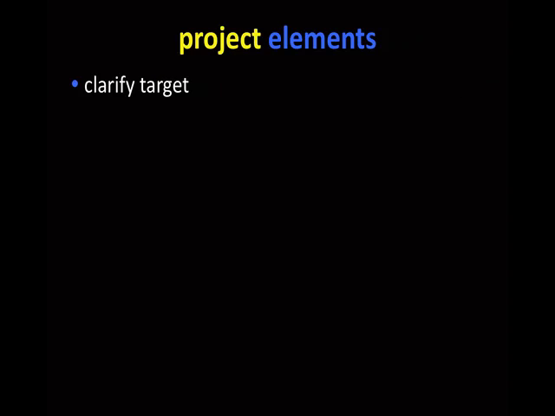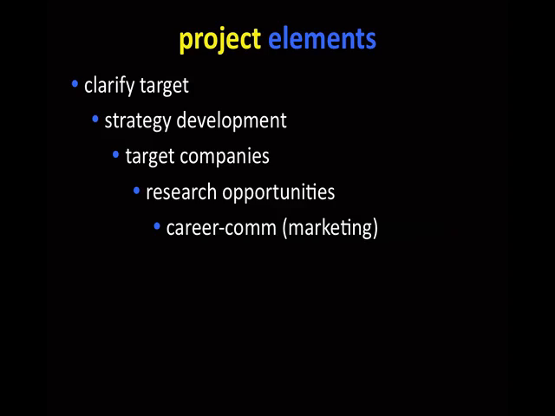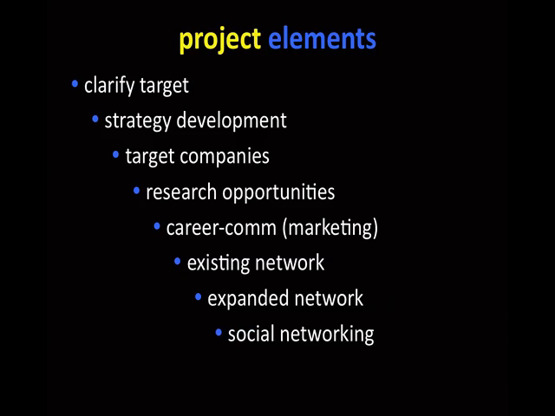In terms of the elements that you might organize with a job seeker, some of those elements would be starting off with clarifying the target, getting your strategy development together, targeting the right companies, researching opportunities, pulling together all the career communications that need to be done, the marketing materials, looking at your existing network and really starting with that to bounce the networking aspect, and then expanding that network, looking at social networking, looking at face-to-face networking.